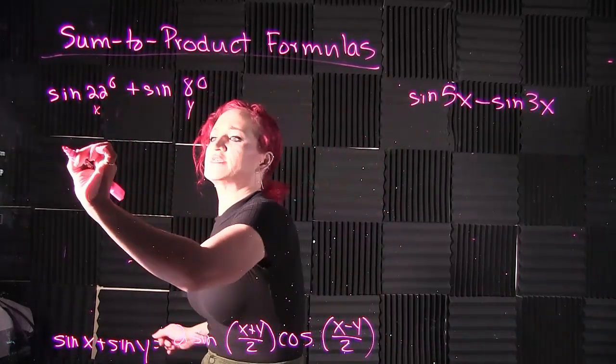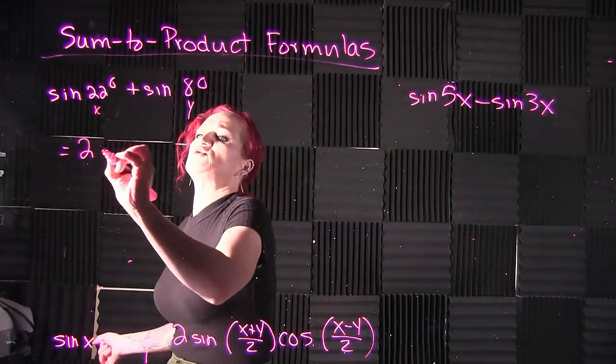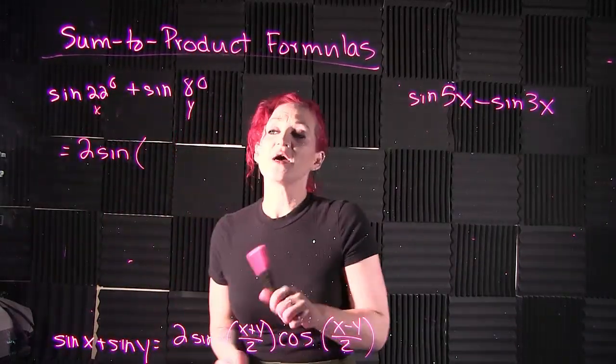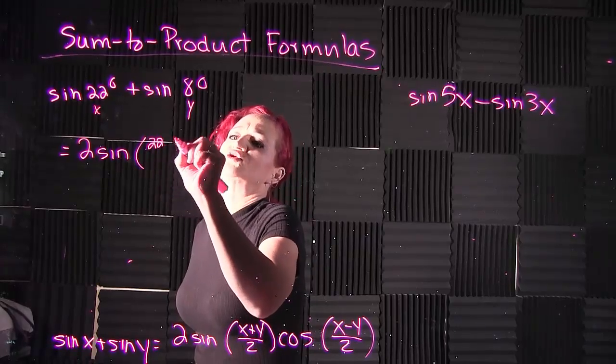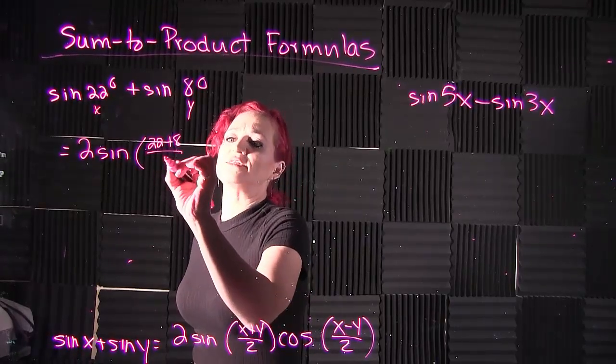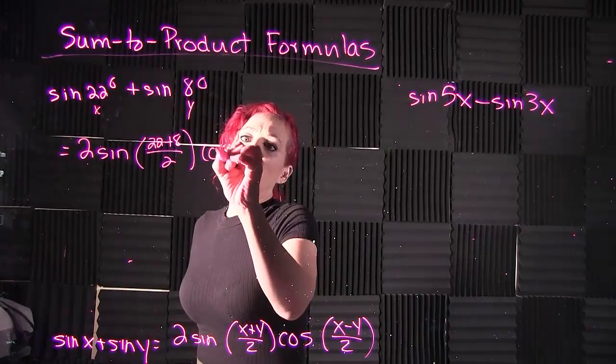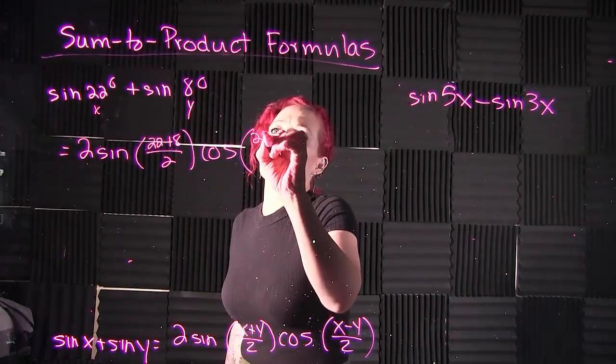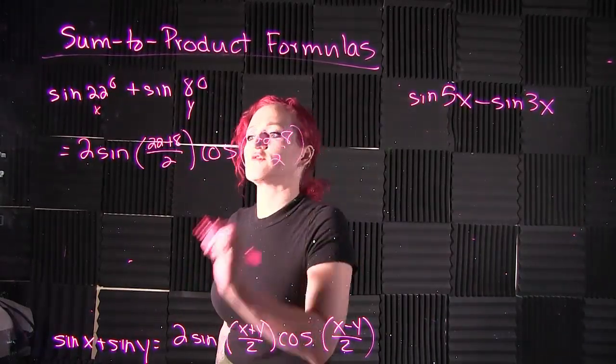Now in order to calculate this, it says this will be 2 times sine of (x plus y)/2, so that's (22 plus 8)/2, times cosine of (x minus y)/2.